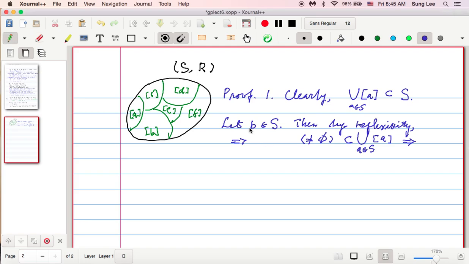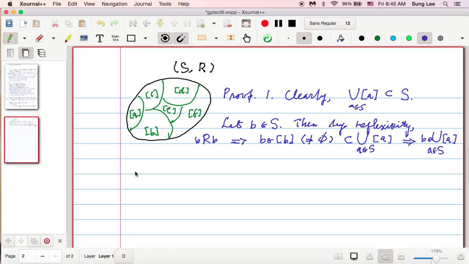So let's just choose B. Then B is related to B. So B belongs to the class of B, which is not empty. So what this means is B is an element of this whole union of the classes of A. Yeah, that's better. That's much better.